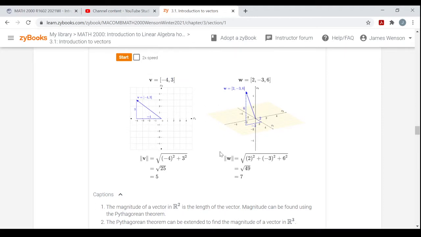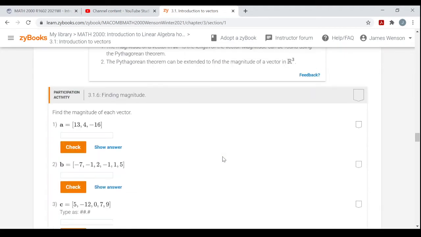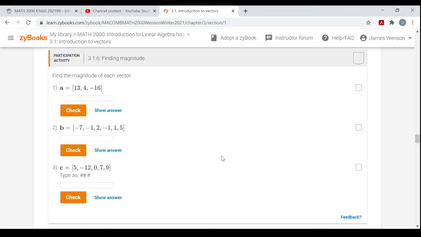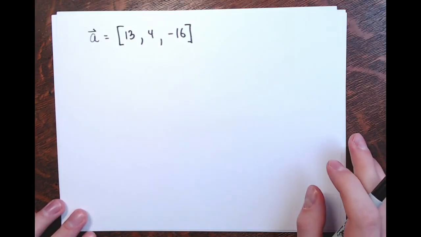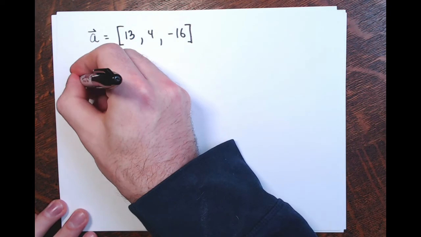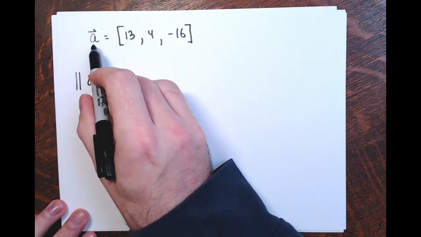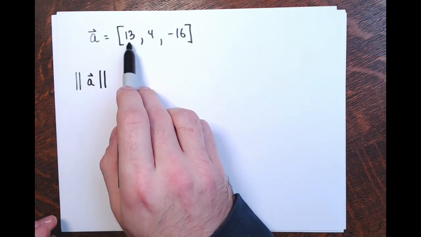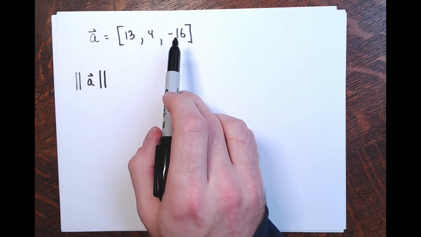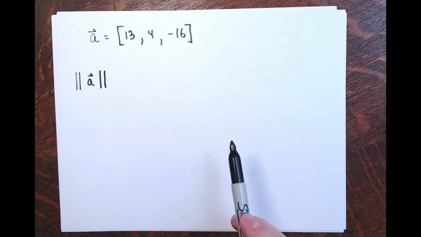They show you pictures, and again, very simple. So I'll do the first couple. I'm finding the magnitude of A here. Vector A has components 13, 4, negative 16. You can draw that motion if you want in 3 dimensions.